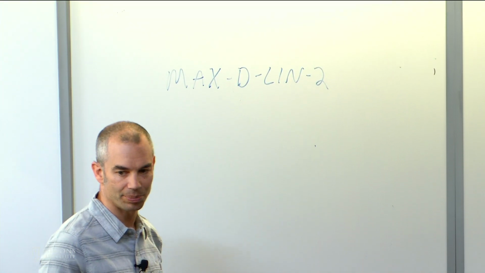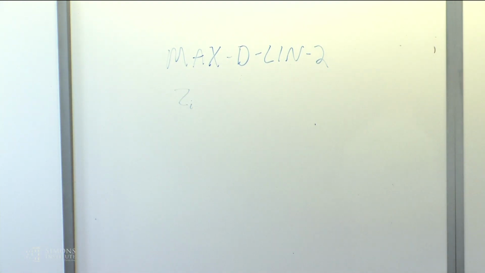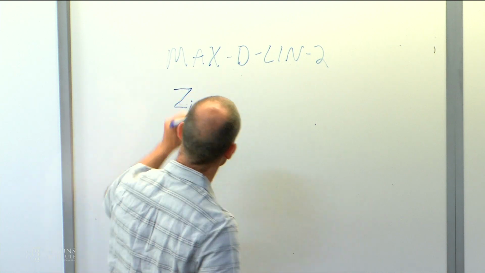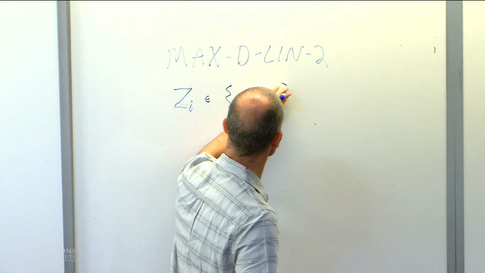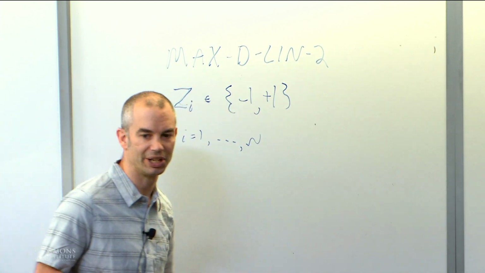What are these? These are problems where you have a bunch of variables, z sub i. Each of them is going to be -1 or +1, and this i goes from 1 up to n, so just a bunch of binary variables.